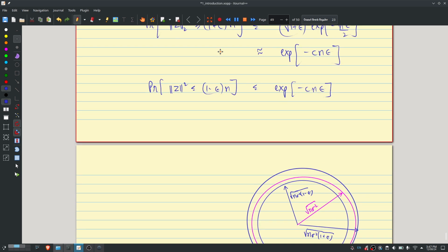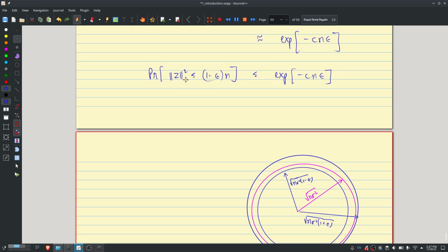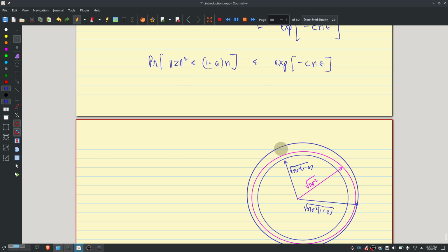What do these two statements combined tell us? What is the probability that z lies inside the inner ball or outside the outer ball? Yeah, so it's something that decays exponentially in n times epsilon, right?